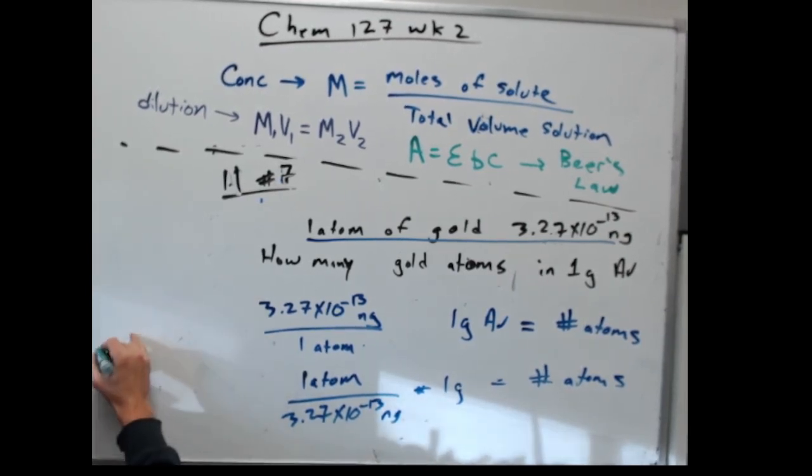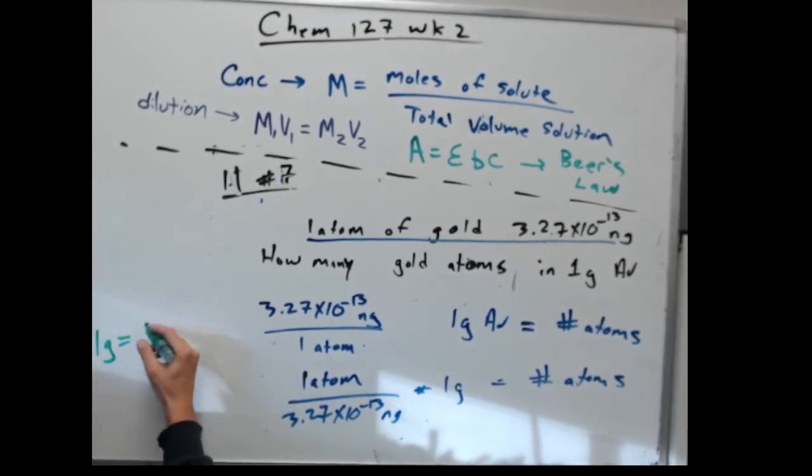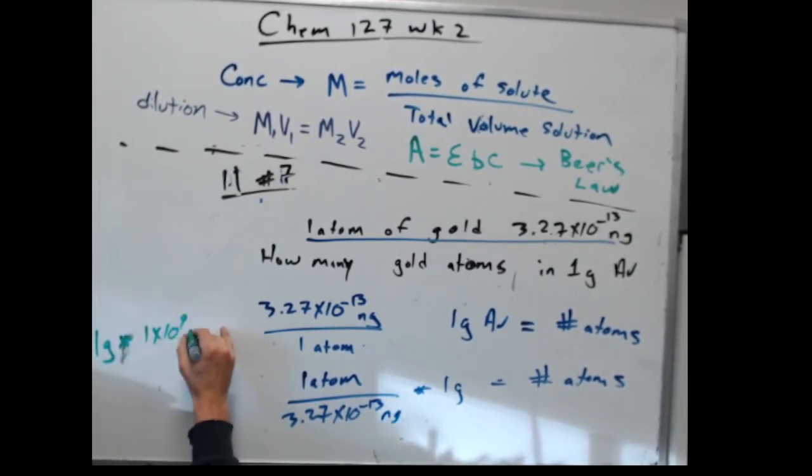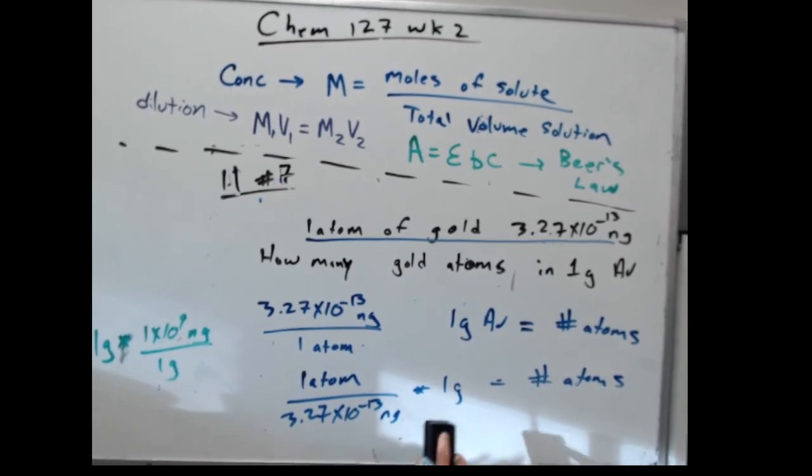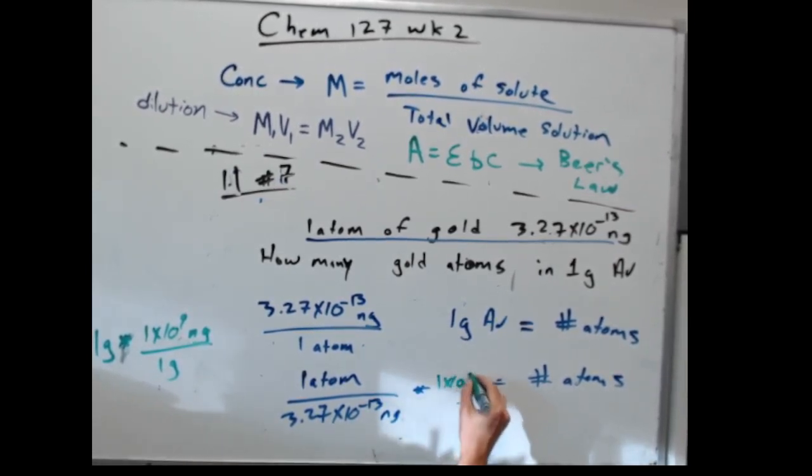So I'll just pop over here real quick, and I'll do 1 gram is equal to 1 times 10 to the 9 nanograms per 1 gram. Since everything's ones, I can just plug that in. This is going to be 1 times 10 to the 9 nanograms.